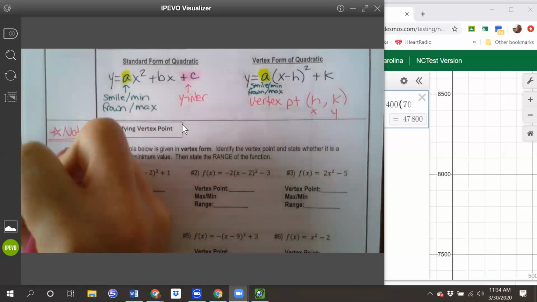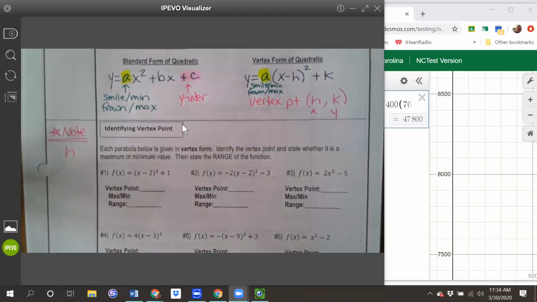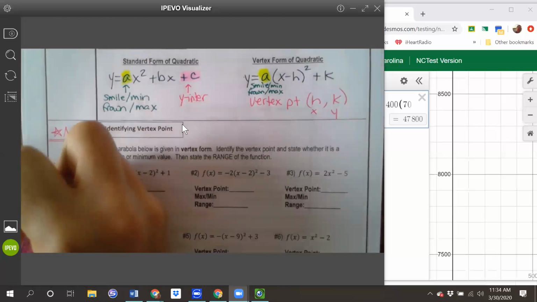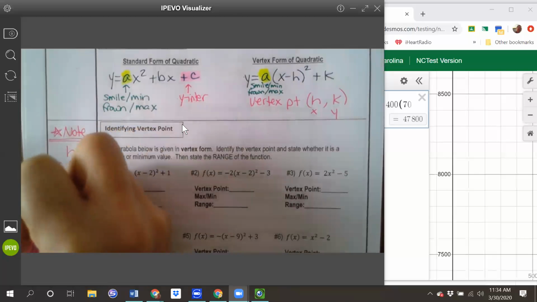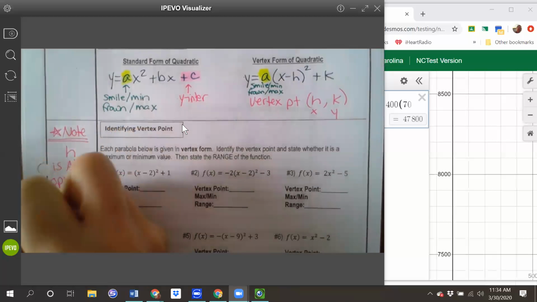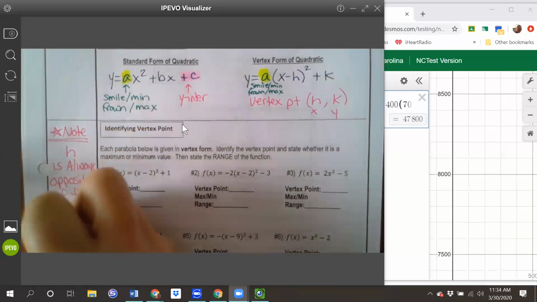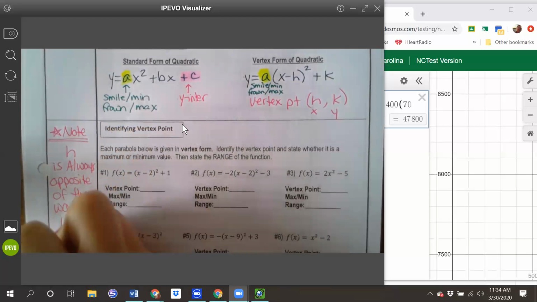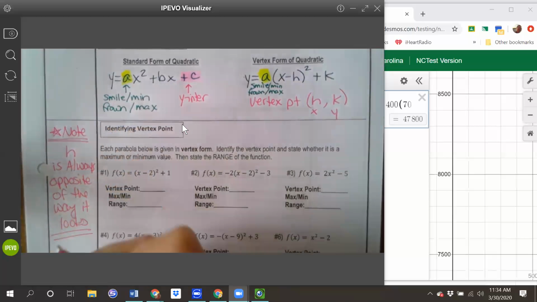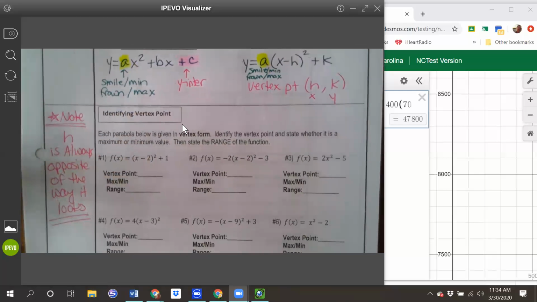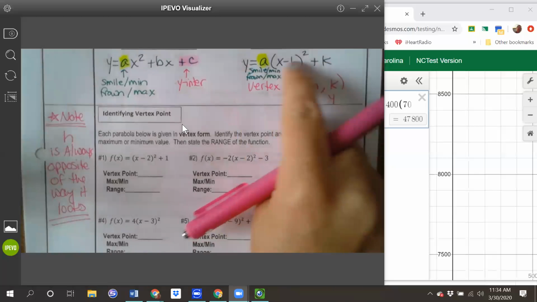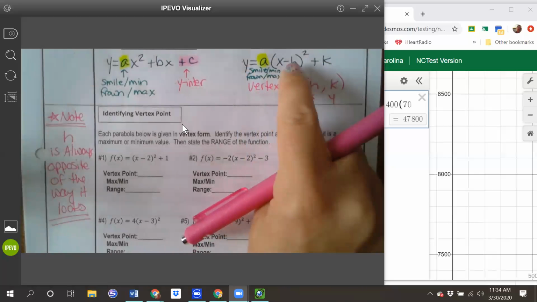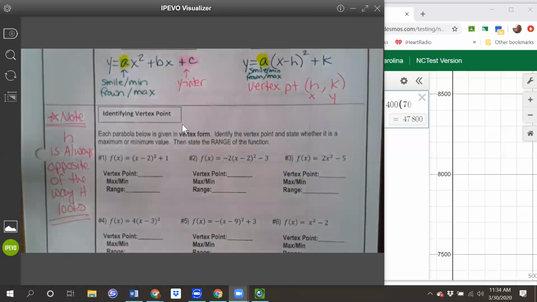So when you are looking at h in any of your equations, h is always going to be the opposite of the way it looks. And that just takes some time to get used to. So because it's a subtraction problem in the formula, h is going to be the opposite.